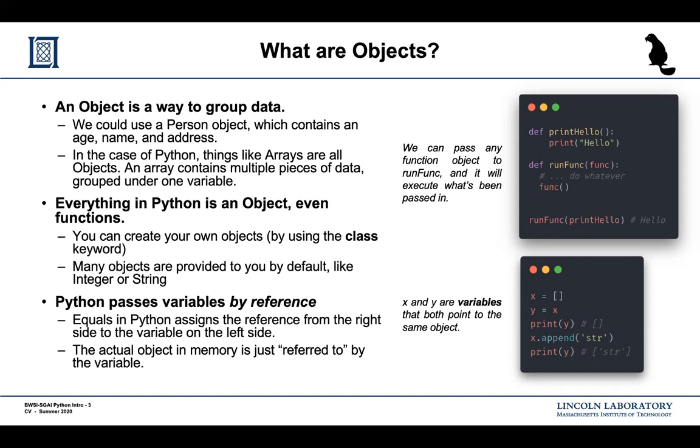In the example with the array, I assign x to an empty array, I assign y to x, so now x and y are both pointing at the same object. Then I make a change to the original array, and that change is reflected when you look at both x and y. Kind of interesting stuff.